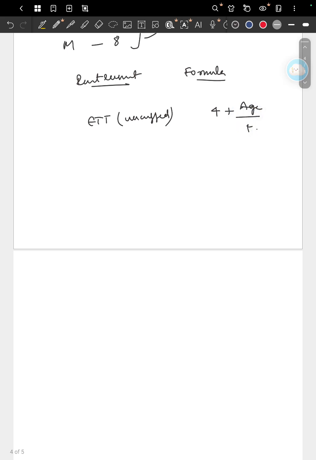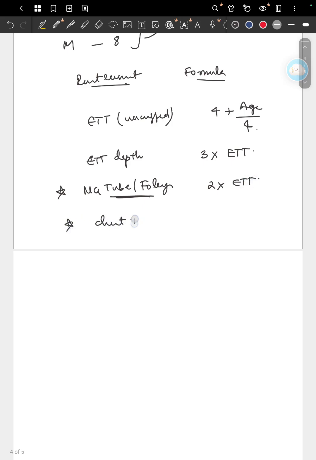Coming to ET tube depth, to calculate this we'll be using 3 into ET tube. Then to calculate nasogastric tube or Foley's, this is important again, we'll be doing 2 into ET tube. Then to calculate chest tube, we'll be doing 4 into ET tube. So this is how we'll be using formulas.